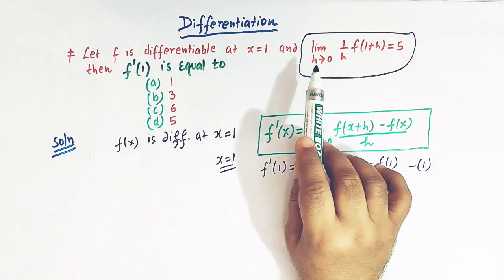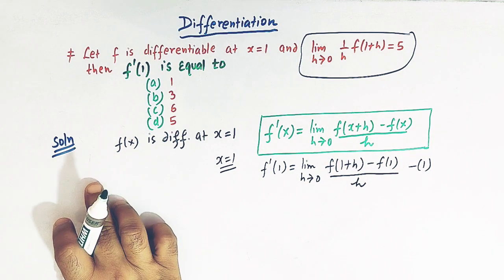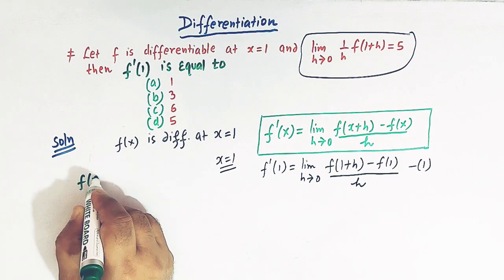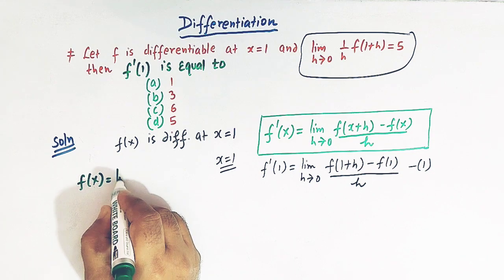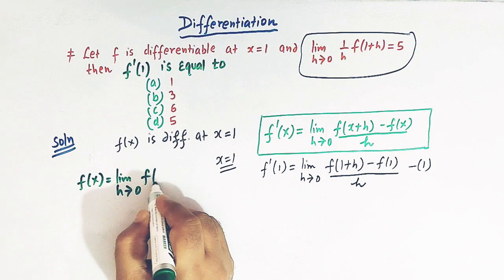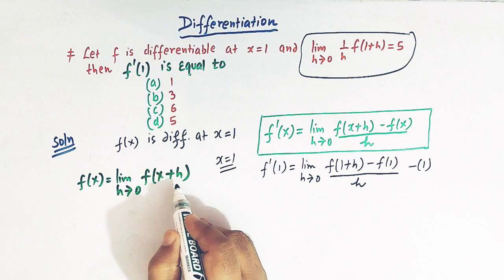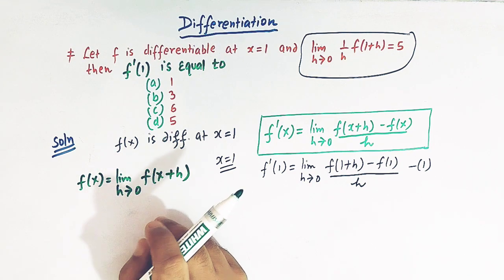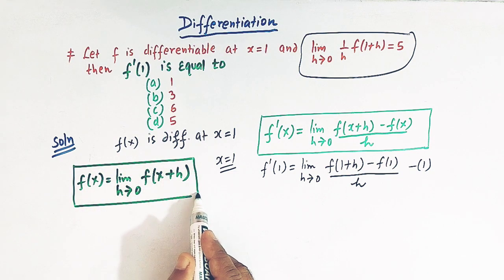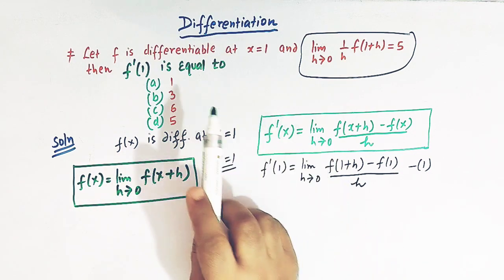Before utilizing this expression, let us take a limit here. We can write f of x is equal to the limit h tends to 0 of f of x plus h. For infinitesimally small quantities we can write this expression, and it is going to be of prime importance while solving this problem.